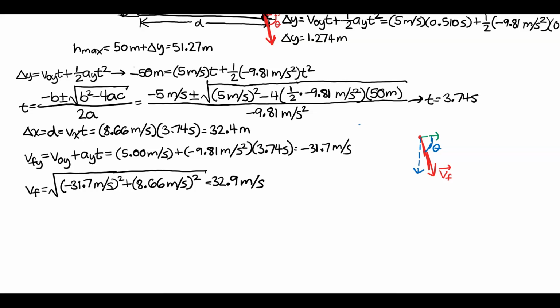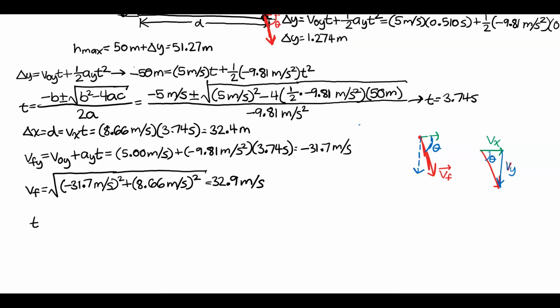Well, if you envision it as a right triangle, then you can easily visualize theta as a tangent or sine or cosine, as a trig ratio. I'm just going to use tangent because we already found the answers to those. So Vx, Vy. That is how you find the angle.